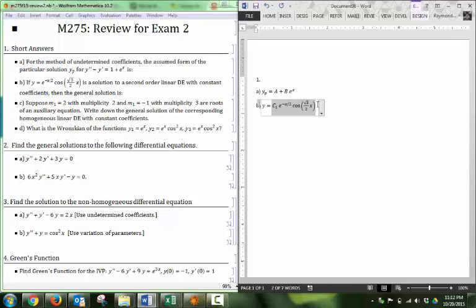And according to our superposition principle, we will be tacking on another c2 times the partner function of this thing. Our partner function with the cosine is going to be the sine.